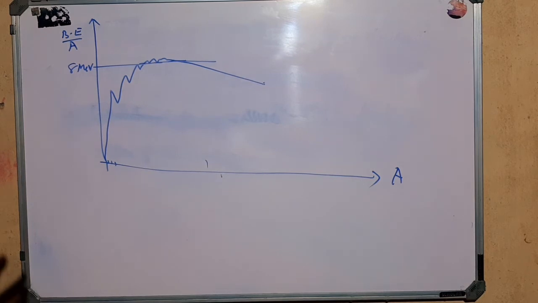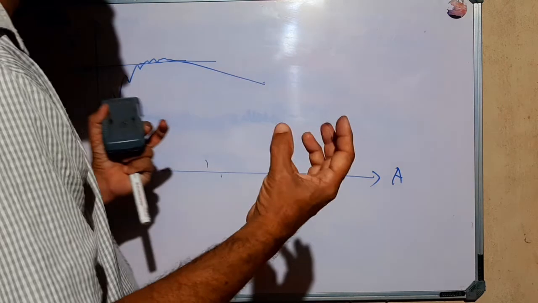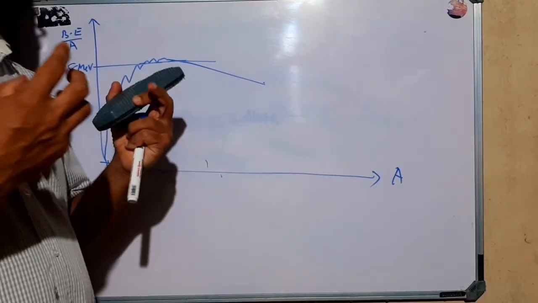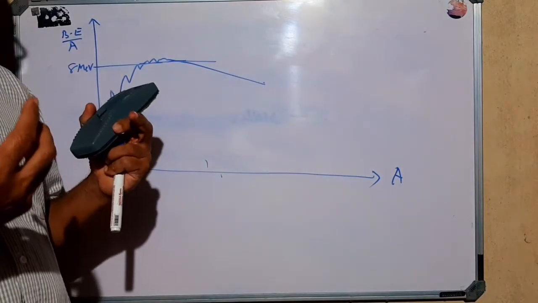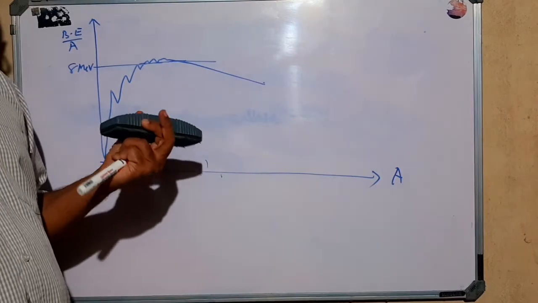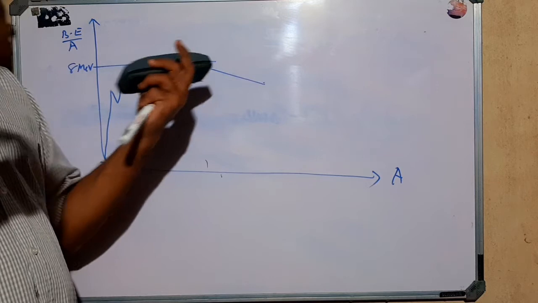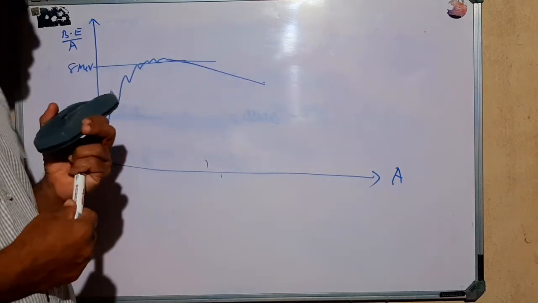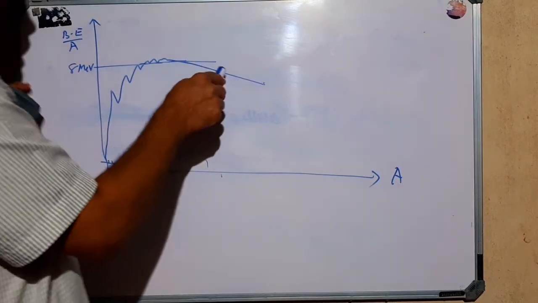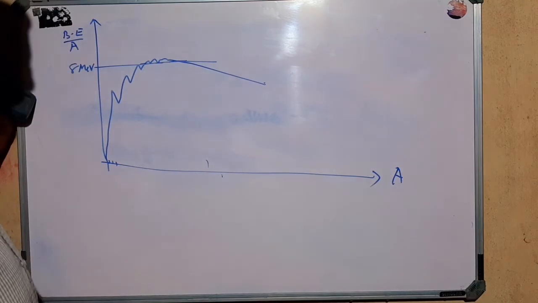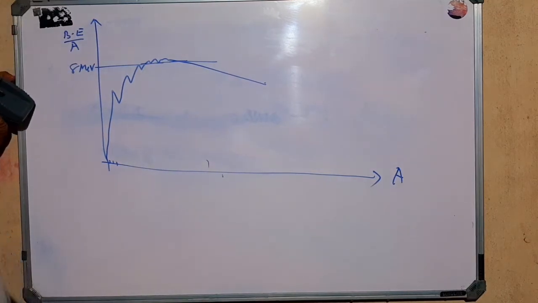Nucleons. As the number of protons increases, what happens to the electrostatic force of repulsion between them? That also increases. Because of that, the energy needed to break them decreases. Therefore, at higher mass number, binding energy per nucleon decreases.